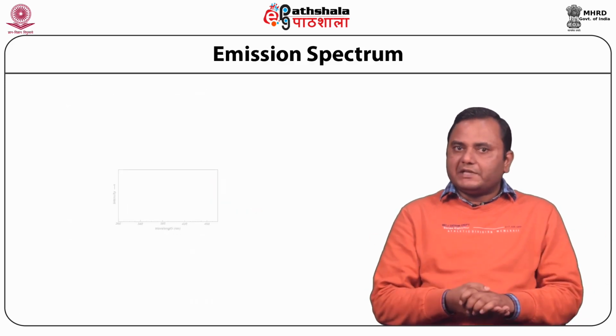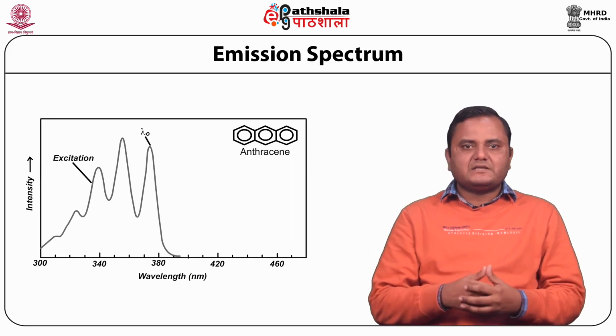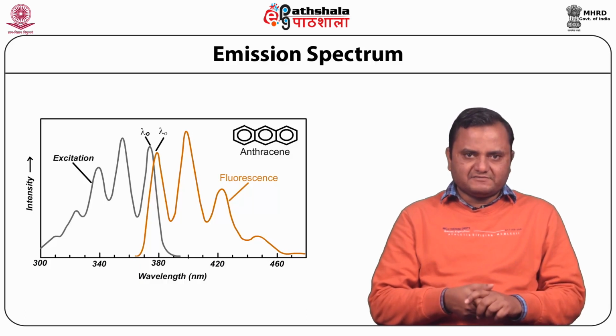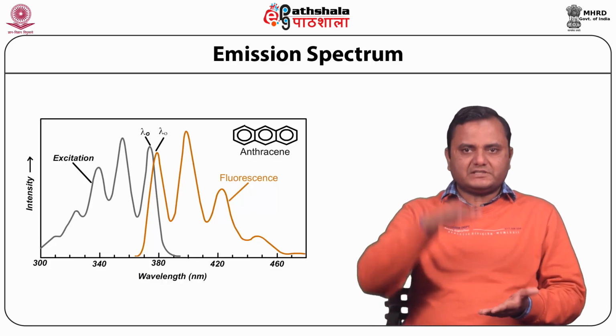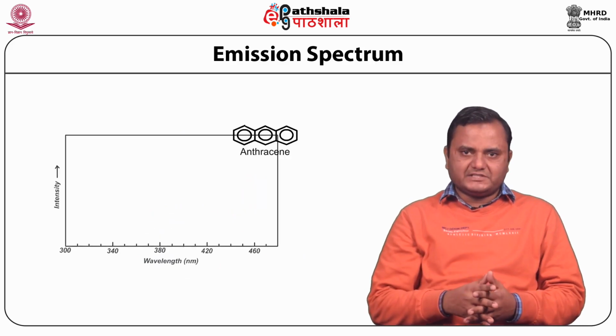Now we talk about the emission spectra. The emission spectrum is a measure of the relative intensity of radiation given off at various wavelengths as the molecule returns from its excited state to the ground state.